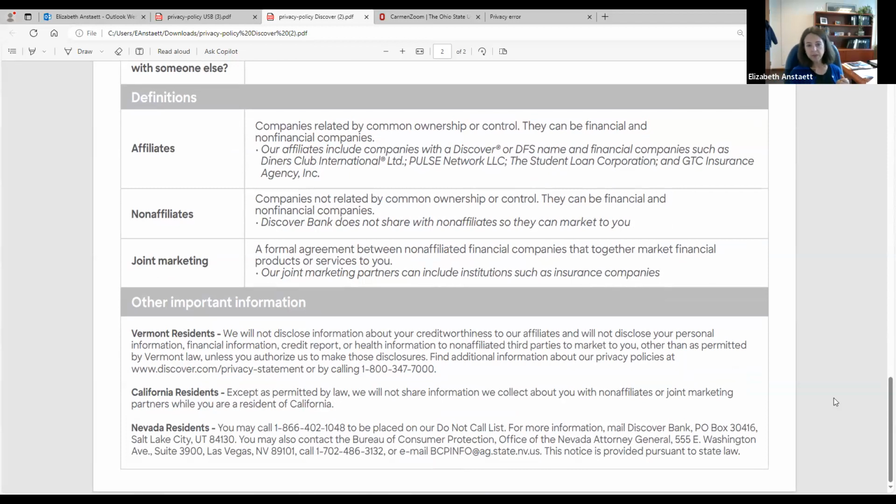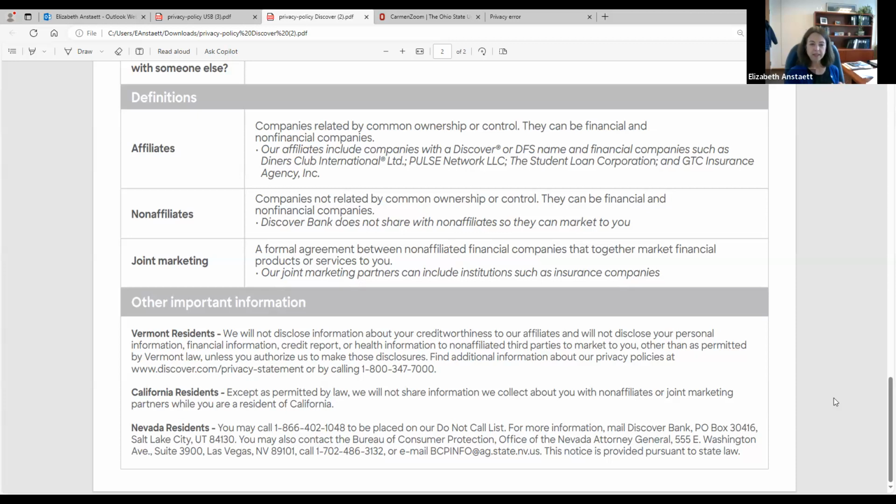In Union Savings Bank, which is a pretty local Ohio bank, they didn't get into this, but because Discover operates nationwide, we see that Vermont and California residents get special treatment. And that is because Vermont and California have more restrictive laws. And basically they say, we will not share information that we collect about you with non-affiliates or for joint marketing if you reside in California.